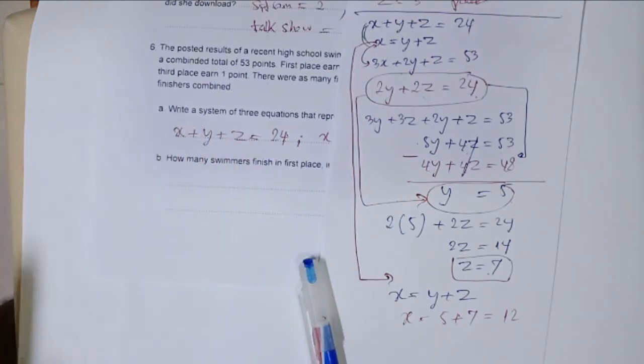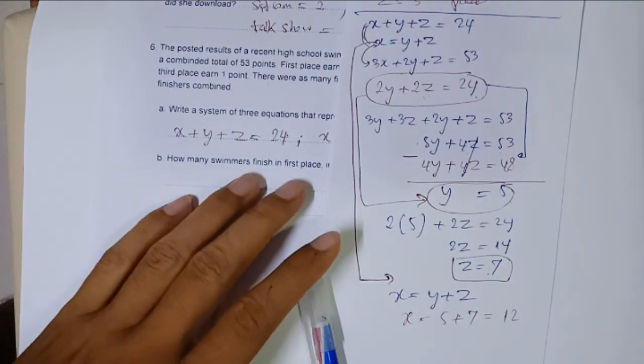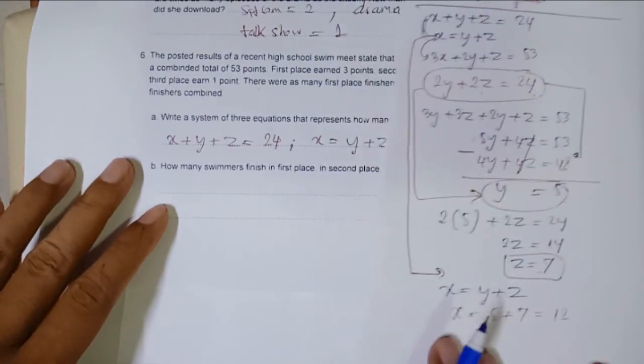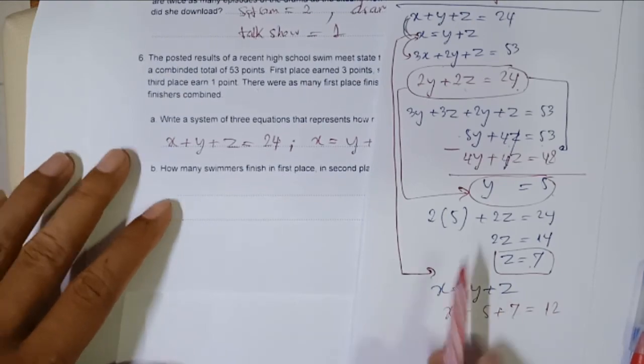So to answer the question, you have 12 of first place, 5 of second place, and 7 of third place. Let me write this for you as the answer.